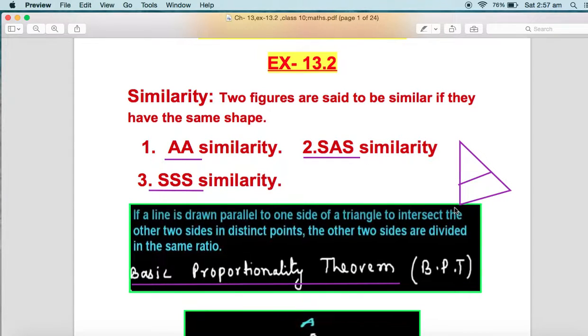So if you remember this triangle I've drawn, let the triangle be ABC with P and Q as the two points. If PQ is parallel to BC, then we will have AP upon PB equals AQ upon QC.